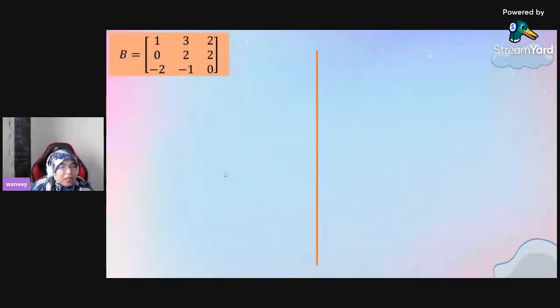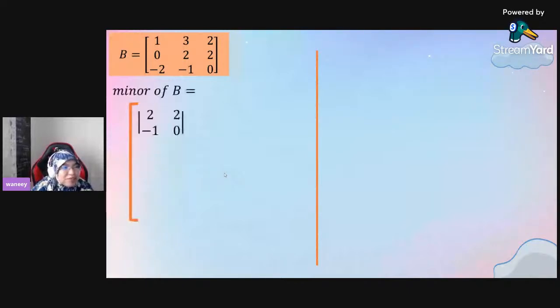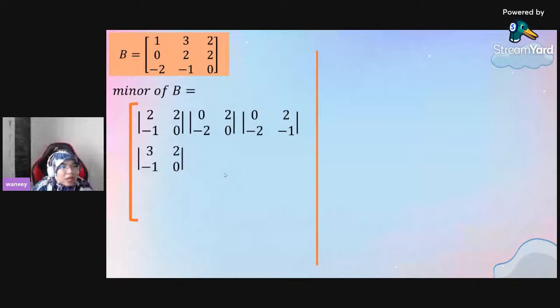Okay, so now, right, we have to calculate the minor. Let us start with deleting first row, first column. So 2, 2, -1, 0. Delete first row, second column: 0, 2, -2, 1. Delete first row, third column: 0, 2, -2, -1. And then second row, first column: 3, 2, -1, 0.